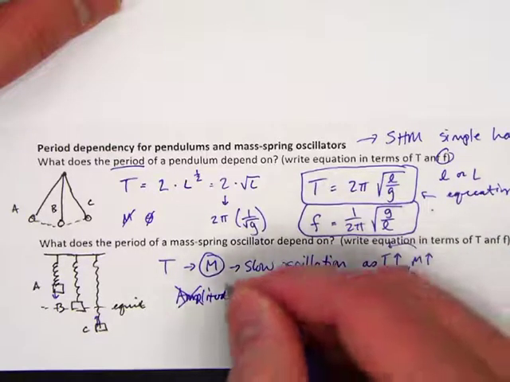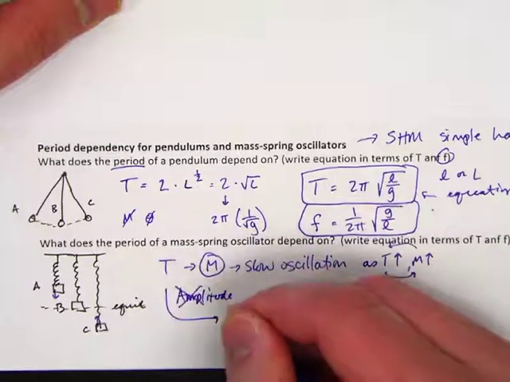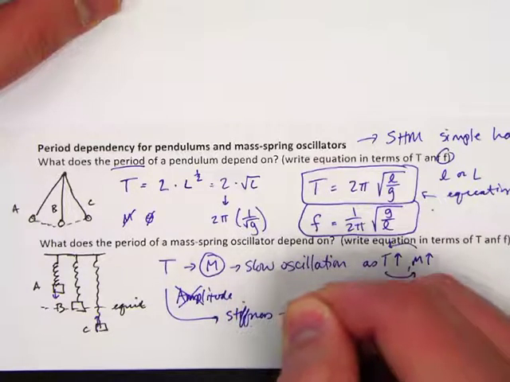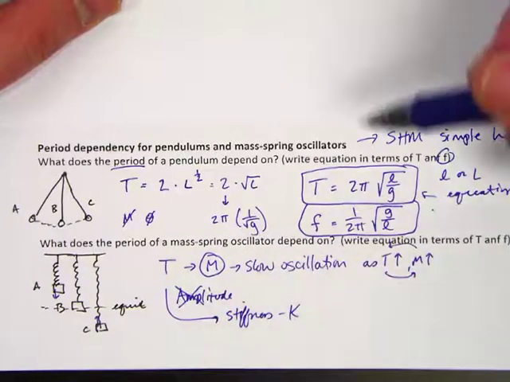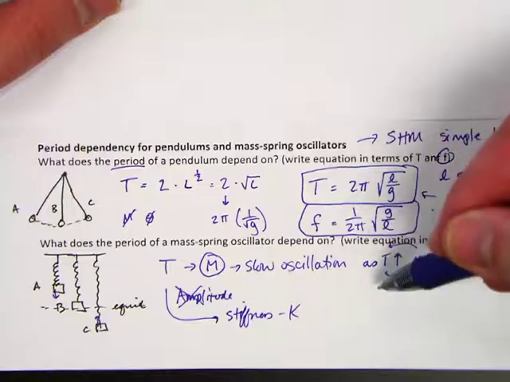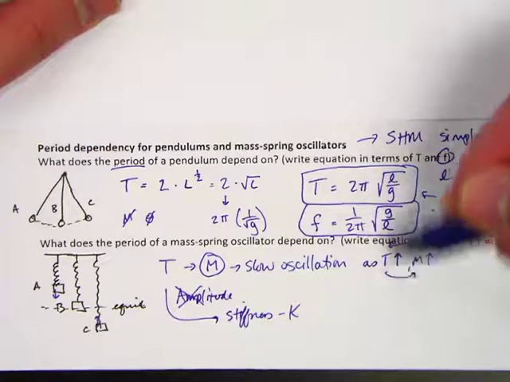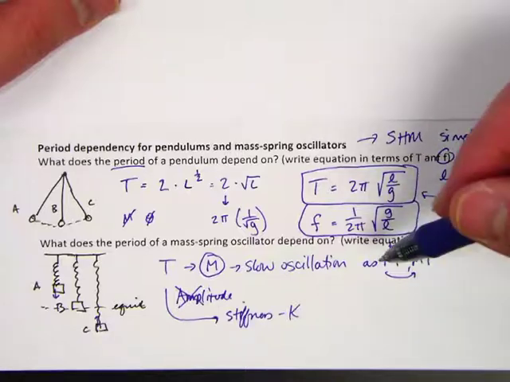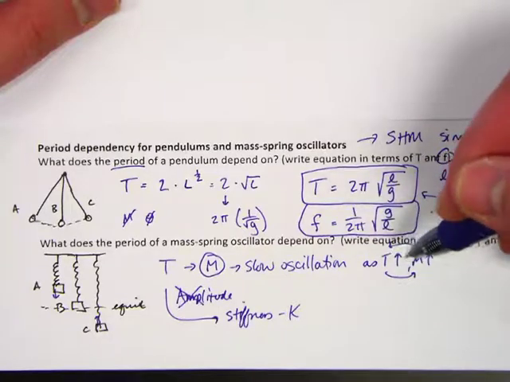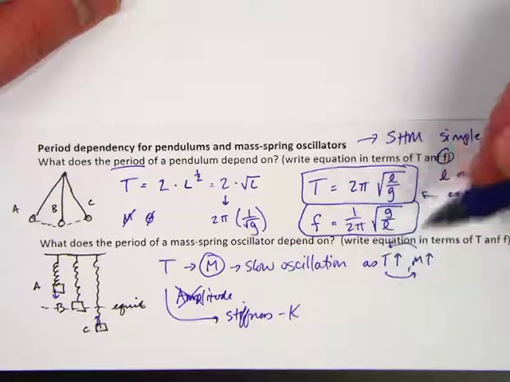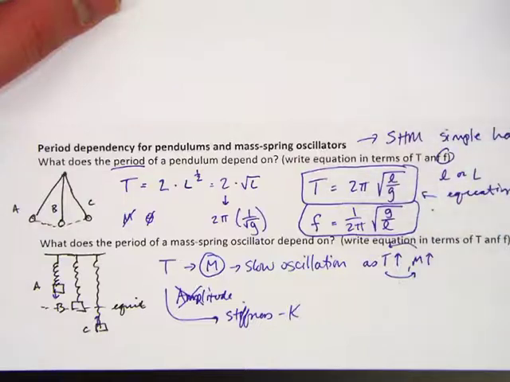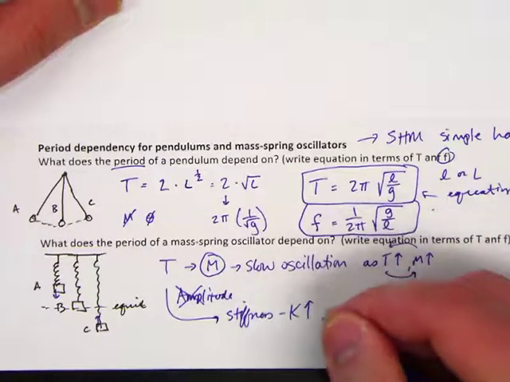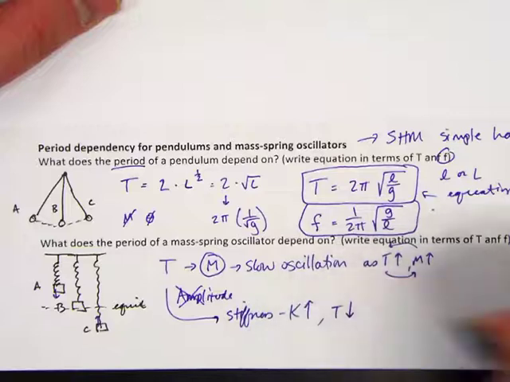But what else does is the stiffness of the spring, which we call our K value. A really stiff spring will start oscillating back and forth really quickly, because the forces will be stronger. Since force depends on displacement, a little bit of displacement creates a bigger force, which creates a bigger acceleration, therefore a shorter period. So when K increases, period decreases.